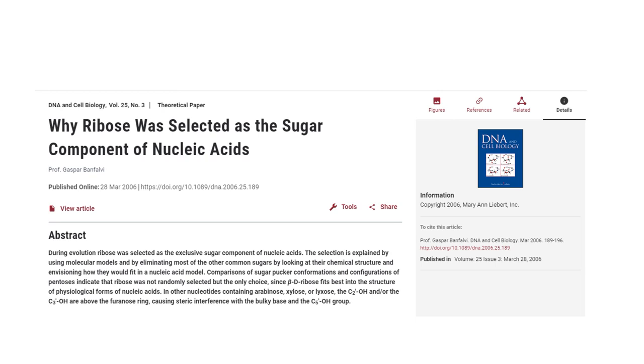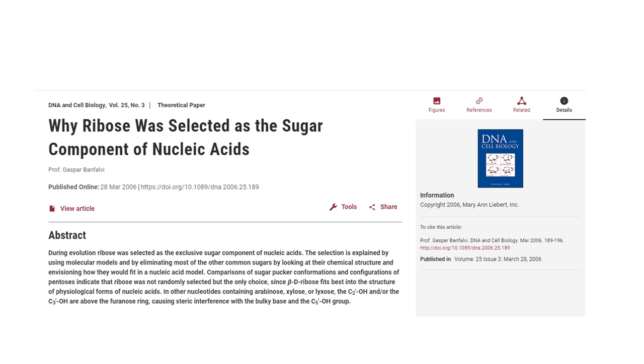And they looked at arabinose, xylose, lyxose, and so forth, and found that the hydroxyl groups on the C2 carbon or C3 carbon are above the so-called furanose ring and will cause steric interference with the C5 hydroxyl group. So basically, of the 8 possible enantiomers, only the one that works was chosen.